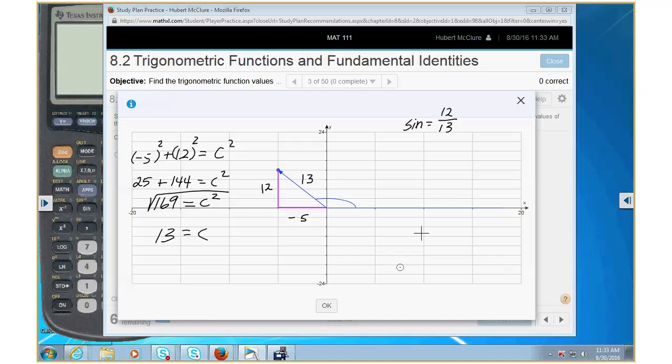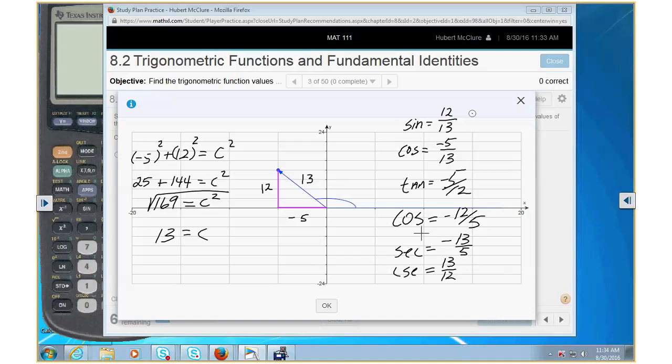So cosecant is equal to 13 over 12. Cosine is equal to negative 5 over 13. Therefore, the secant is equal to negative 13 over 5. The tangent is equal to negative 5 over 12. Therefore, the cotangent is equal to negative 12 over 5.